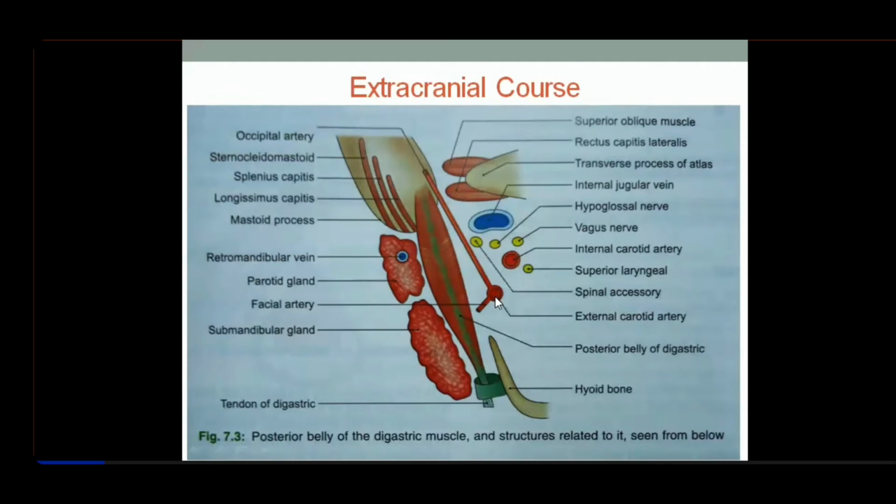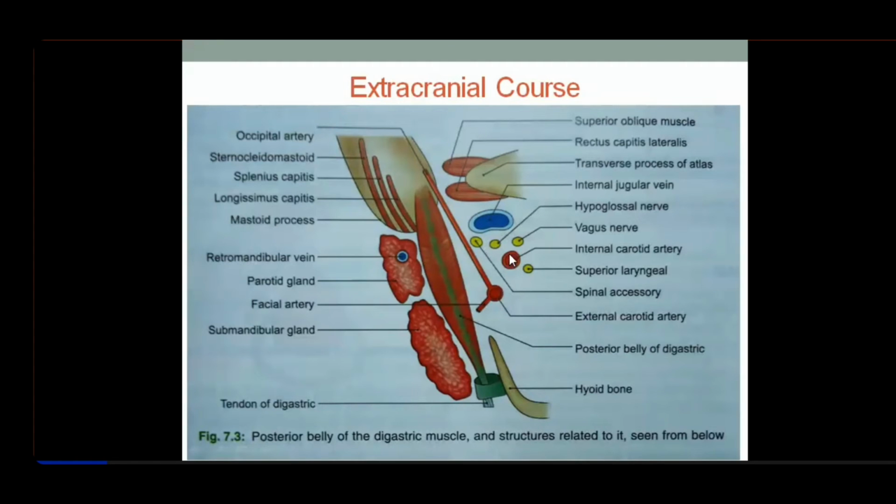This is internal carotid, this is external carotid, and this is internal jugular, and the nerves descending from jugular foramen are this spinal accessory. Then you have vagus and the superior laryngeal branch of the vagus, and this one is hypoglossal. So in this course it has crossed from the deep side of the jugular.